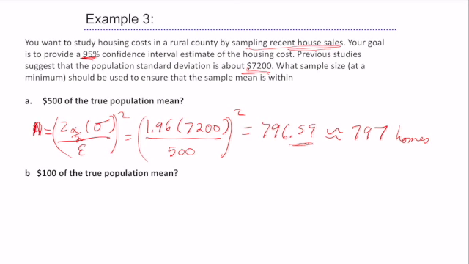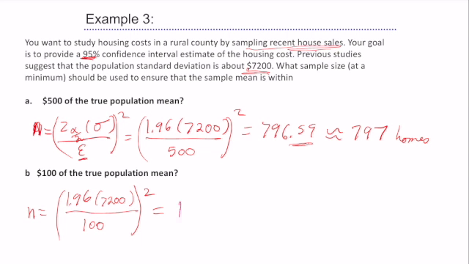Now, let's say I wanted to have an even smaller error. I wanted an error of 100. So I would calculate this again, but now instead of my error being 500, my error is 100. Now, because I'm dividing this big number by something smaller, my sample size is going to increase.